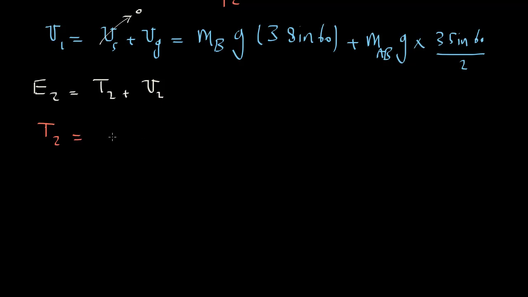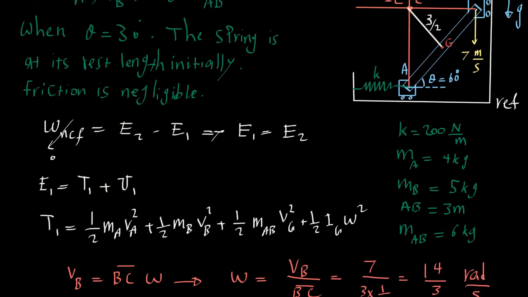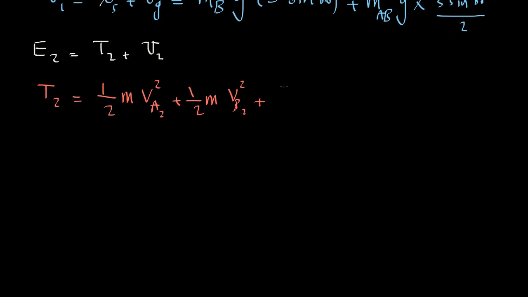For T2, this is equal to 1 over 2 m VA2 squared plus 1 over 2 m VB2 squared plus, again using the center of mass as a reference point for the link AB, 1 over 2 MAB VG2 squared plus 1 over 2 IG omega 2 squared.